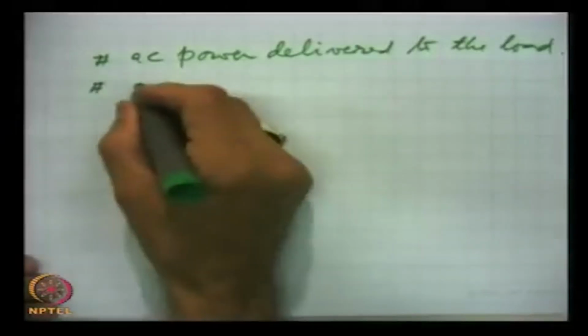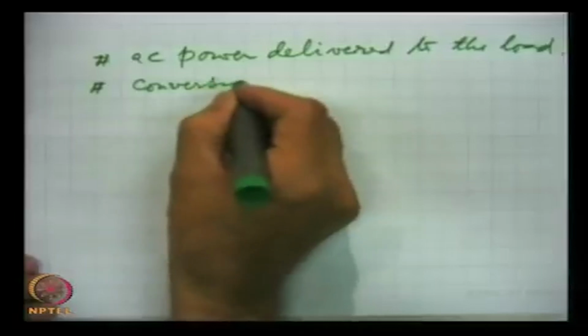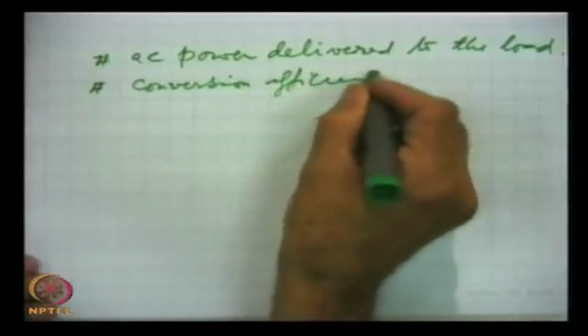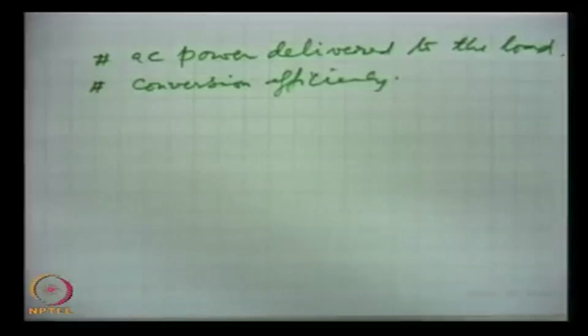It comes from the DC power which is supplied to the system. So, that is known as conversion efficiency, with what efficiency the amplifier converts DC into the useful AC signal. So, these are the considerations which we are going to study.